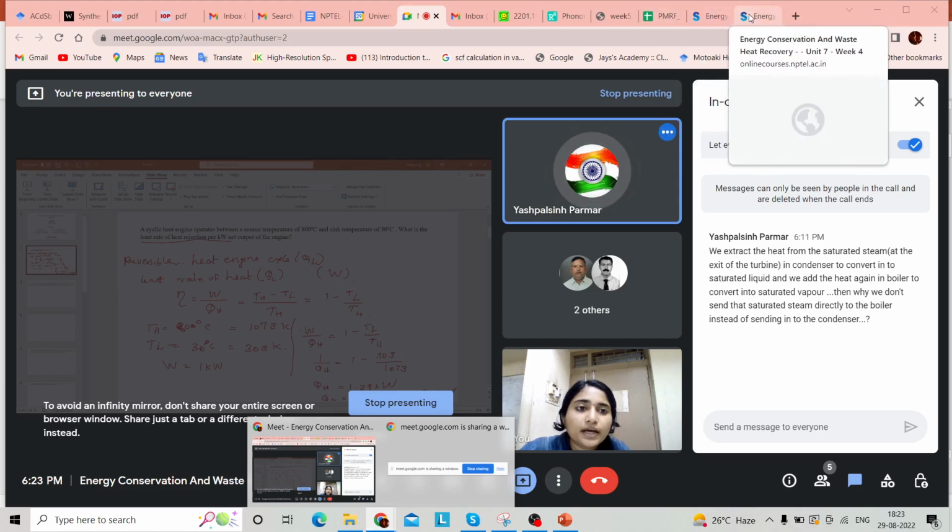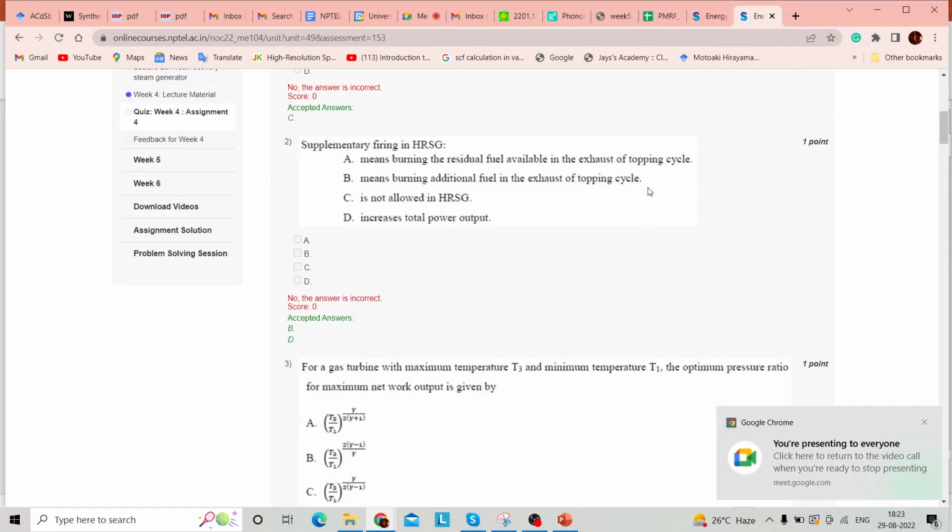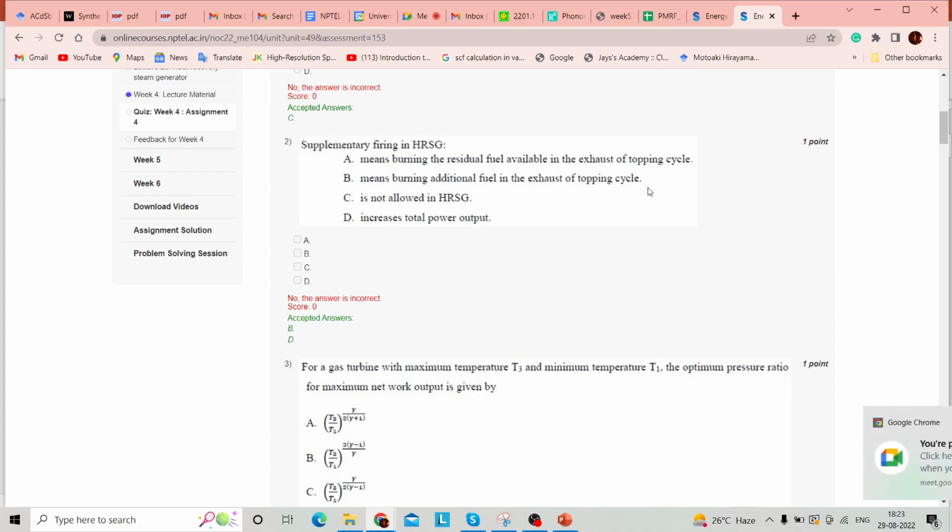Sir, we are not adding any extra fuel in the heat recovery steam generator, because its main purpose is to make use of the residual heat in the exhaust. Then what is the purpose of adding additional fuel here? We add the additional fuel because it increases the temperature, which increases the quality of the energy available, so the efficiency of the bottoming cycle will increase. That is the purpose.